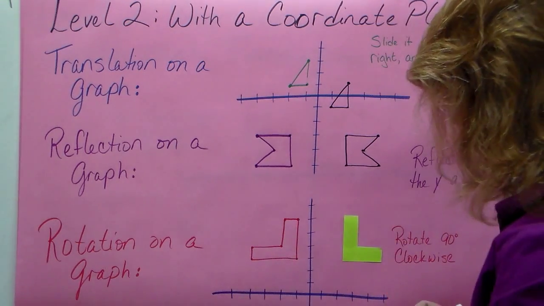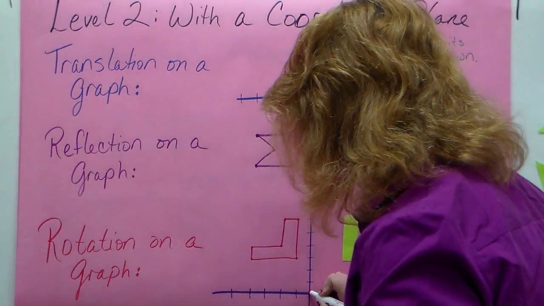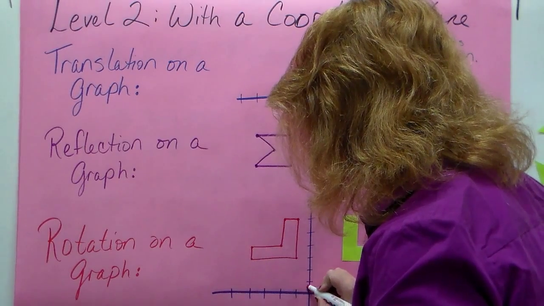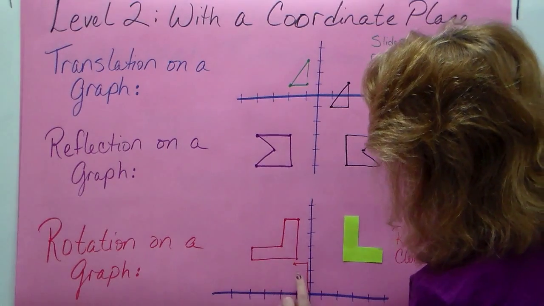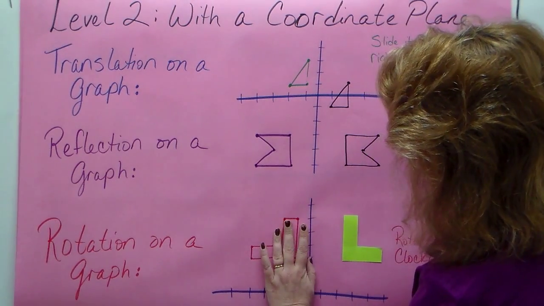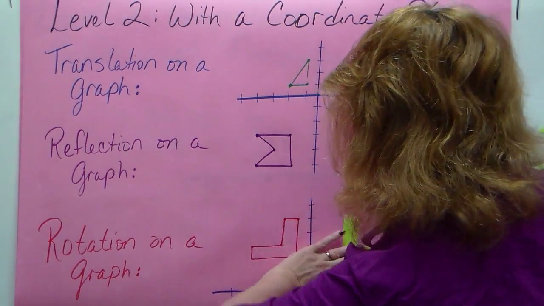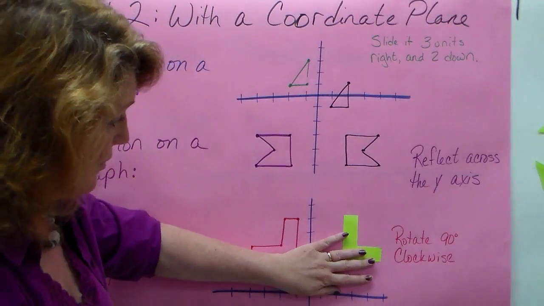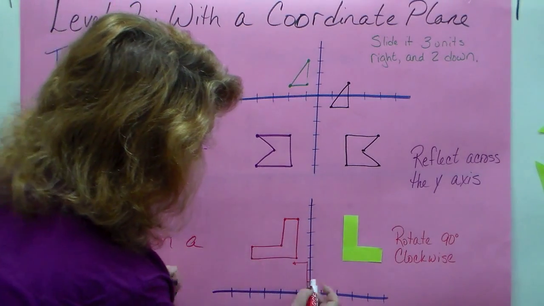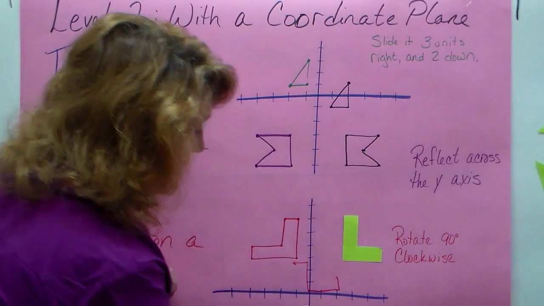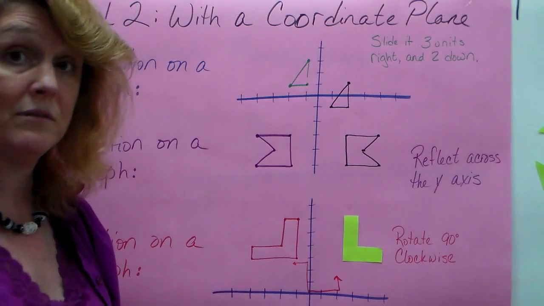Let me explain. If I go up and over here, I started out going up. And now I'm going to rotate. So I'm going to start out going in this direction. And my up and over is going to be in that direction.